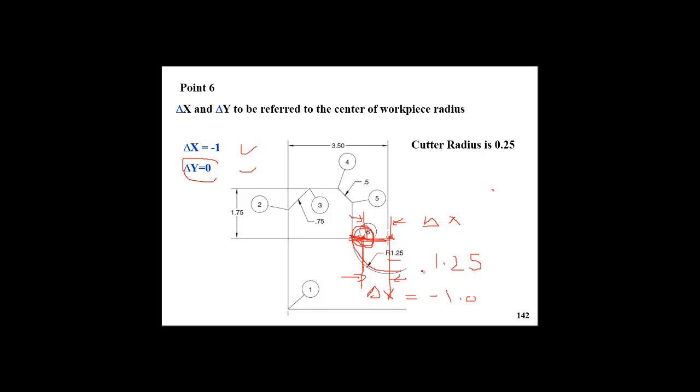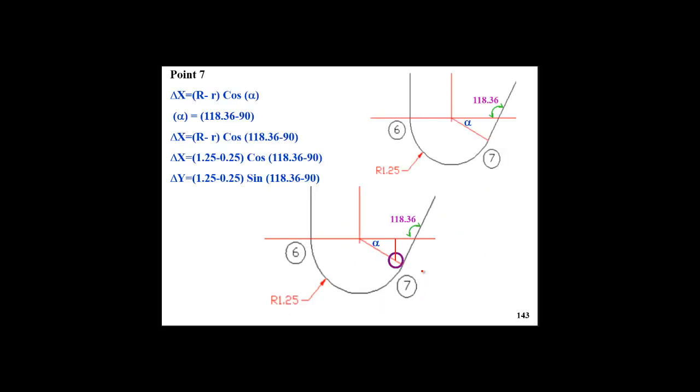What about point 7? This is point 7. This is along the workpiece edge, and this is the edge of the workpiece which is tangent with the curvature of the previous segment of the workpiece. So again, refer to the center of curvature. This is the center of curvature.